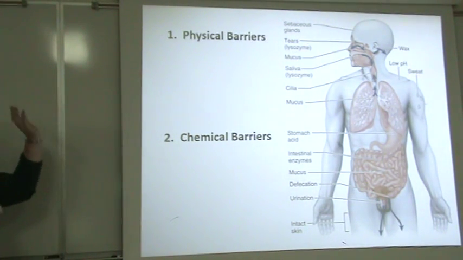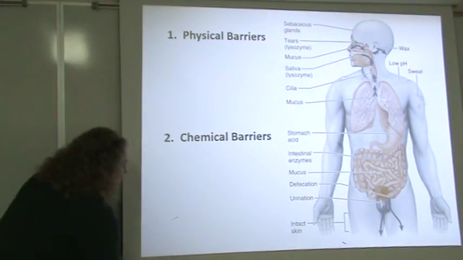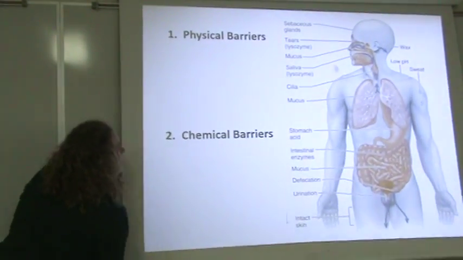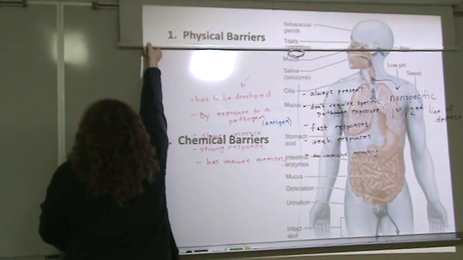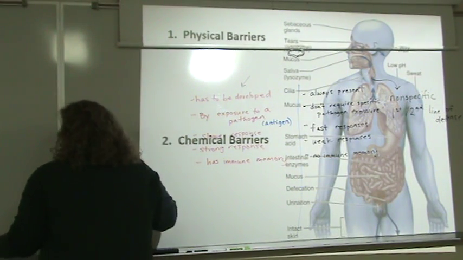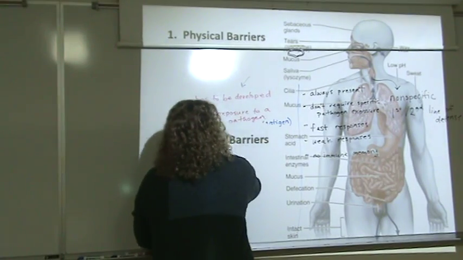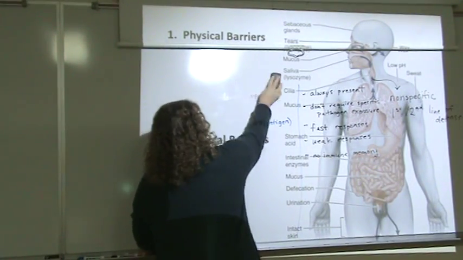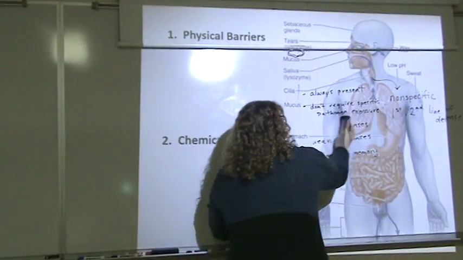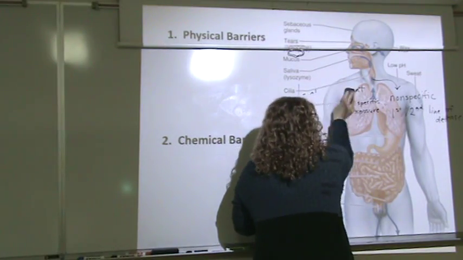This is really more than one slide worth of information, so I'm going to start out talking about the physical barriers. So imagine, we talked about the steps it takes to establish an infection. And the first one is portal of entry.